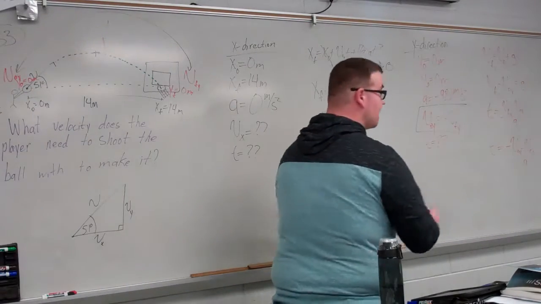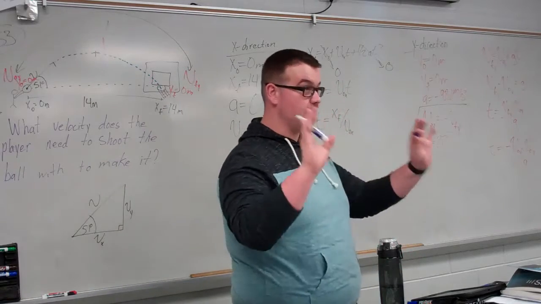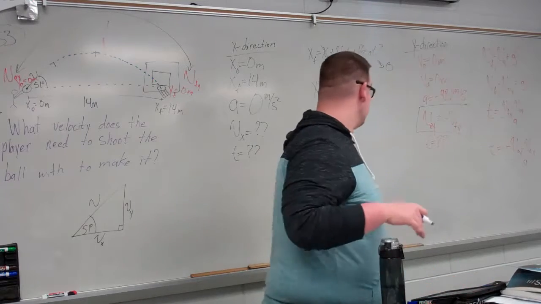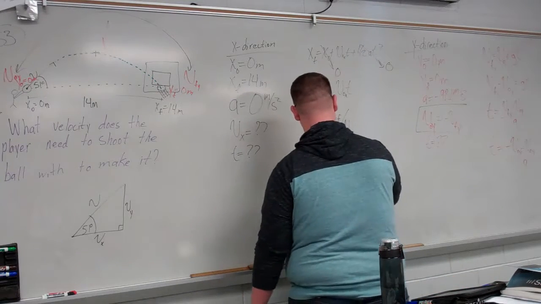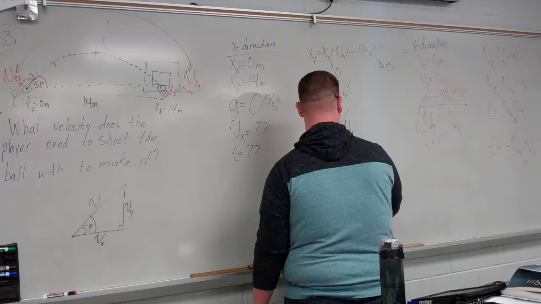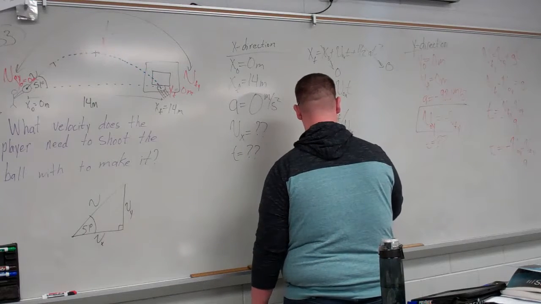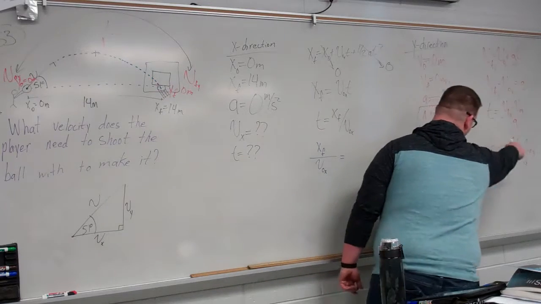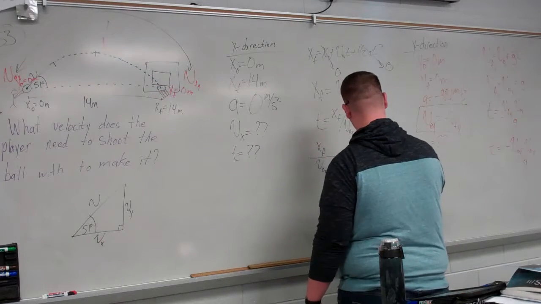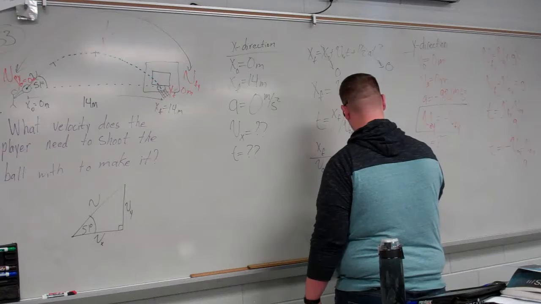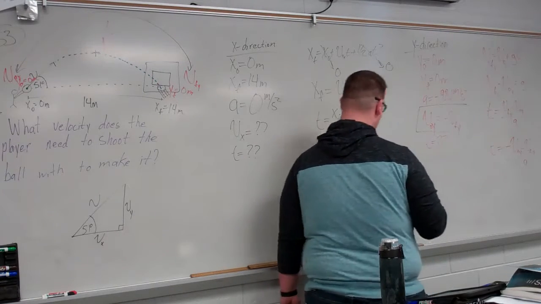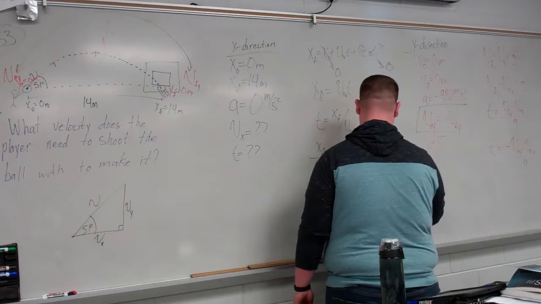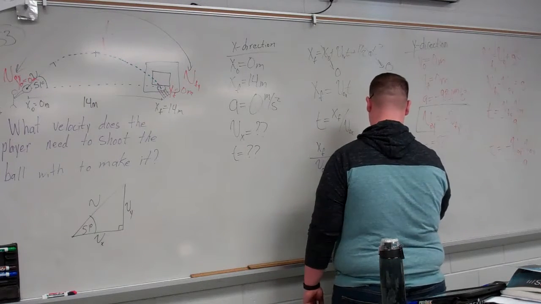So let's link them together with time. All we're doing is substituting. You've done this before in math a bunch of times. So the x final divided by the initial velocity in the x direction is equal to time, which is also equal to the negative initial velocity in the y direction minus the initial velocity in the y direction, divided by gravity.